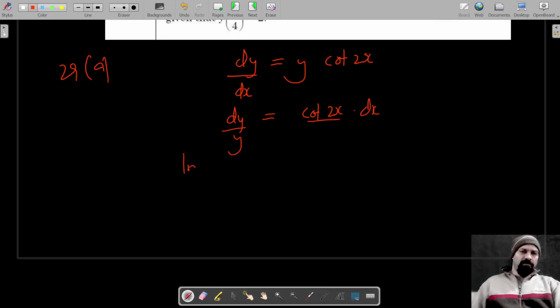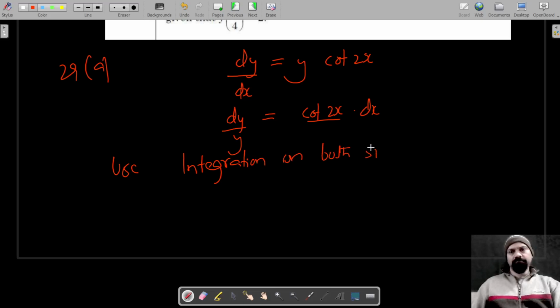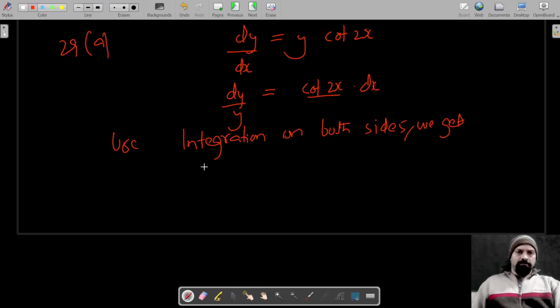Let's use the integral on both sides. So this is now the integration of dy by y is equal to the integration of cot 2x.